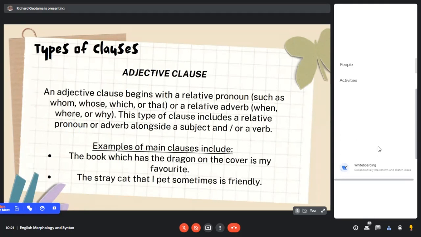Here are the example of adjective clauses. Sorry, I did some typo there. The book which has the dragon on the cover is my favorite. The stray cat that I pet sometimes is friendly. Okay, next.